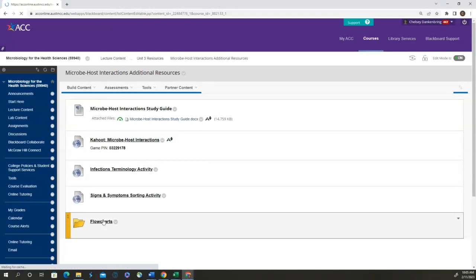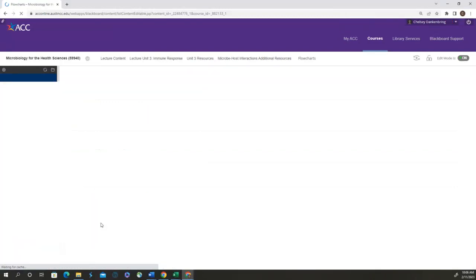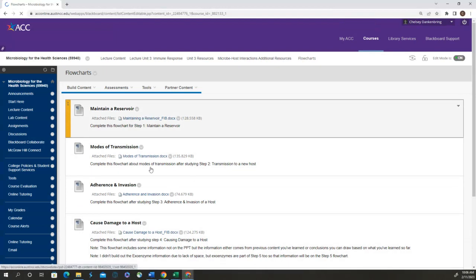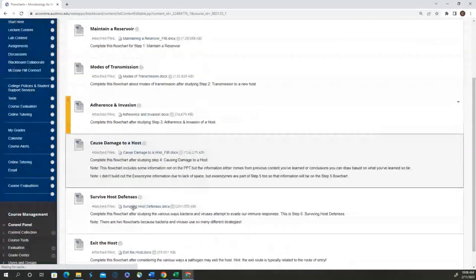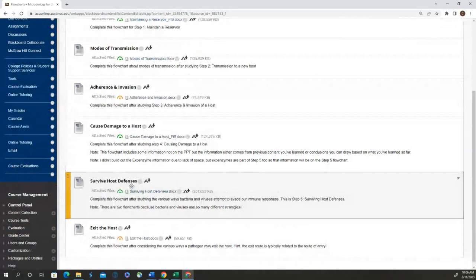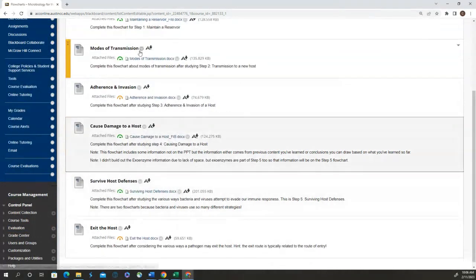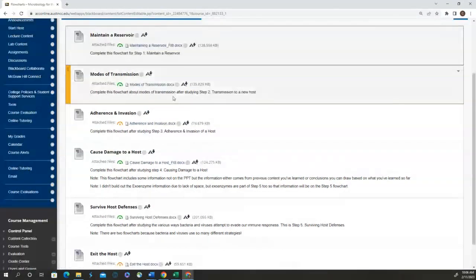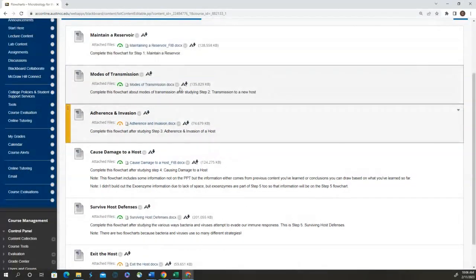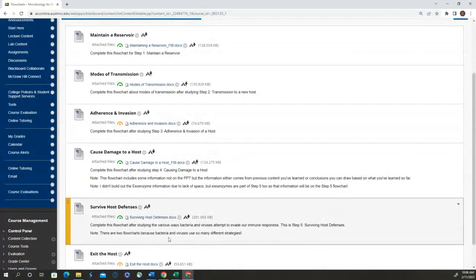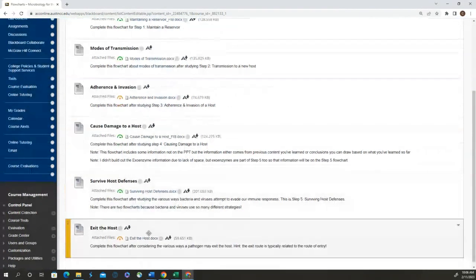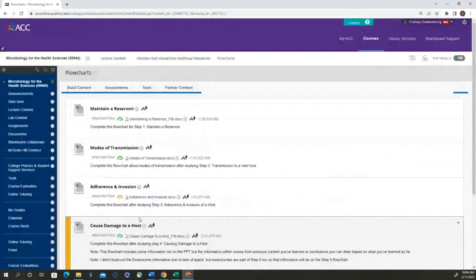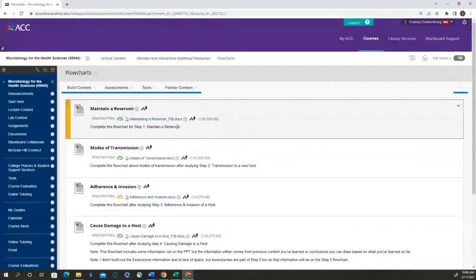So I went through all of the microbe-host interactions, and I made flowcharts for each of the steps. You did the modes of transmission as part of your week 4 activity, and if that's your jam, I have them for all the other steps as well. They're not for a grade. It's just in case that's how your brain works and you want to use them to study.